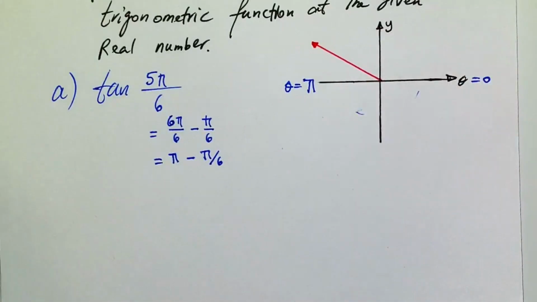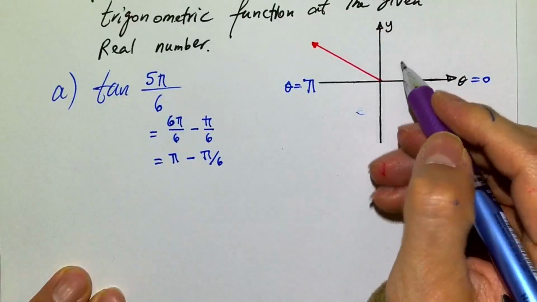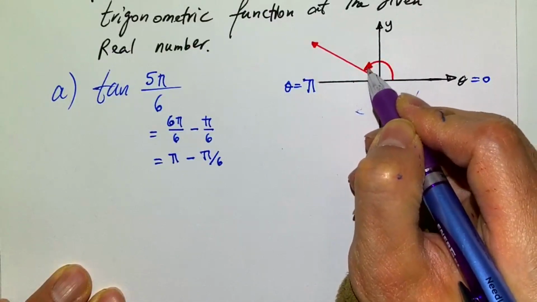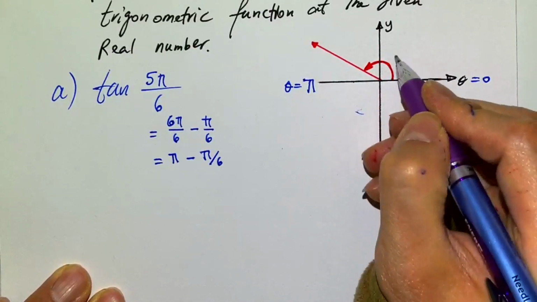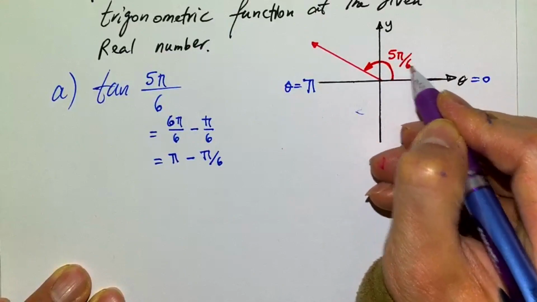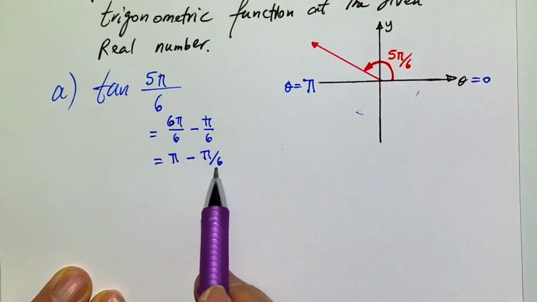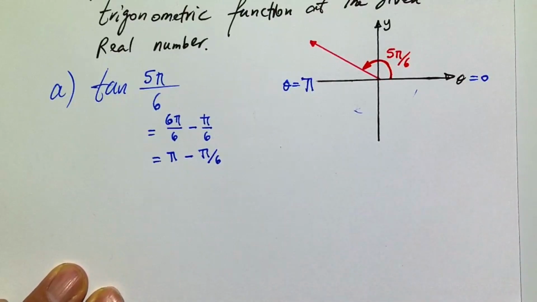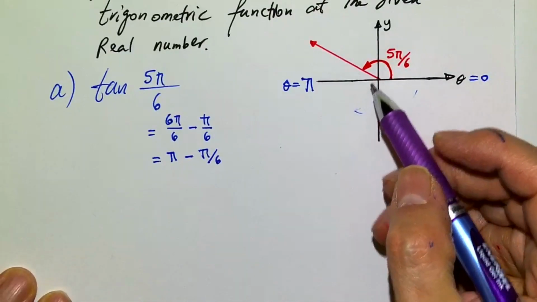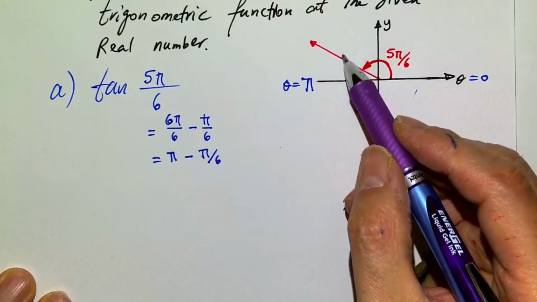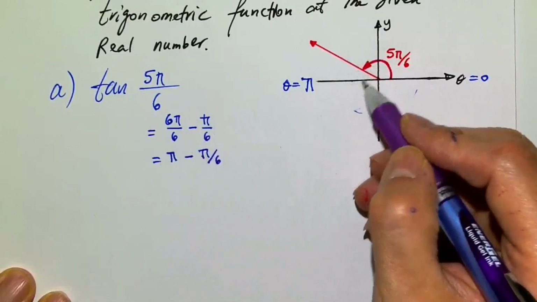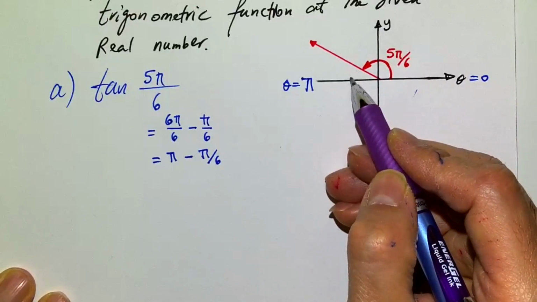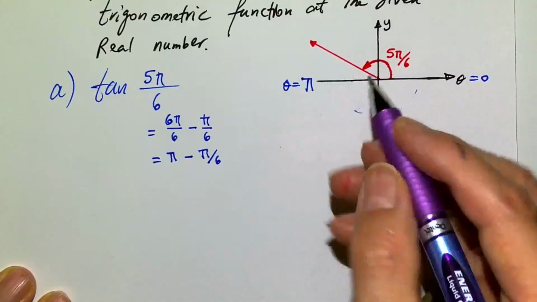Well, let me draw it with my red ink. So that is 5 pi over 6, or pi minus pi over 6. Okay, so in section 5.1, we learned that if you find the equivalent of this angle in reference numbers, you can easily calculate what that number is, right?